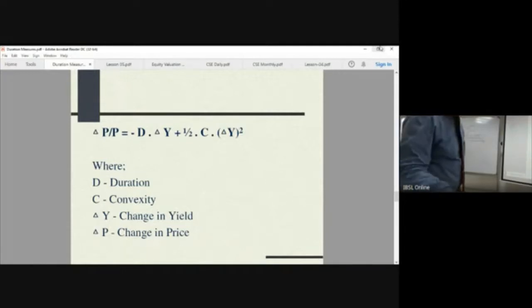Now, if I put the calculation in black and white, it comes like this. Delta y is 0.03. P is 94.213. Plus, now this is a minus one. Half into 7.57 into 0.03 squared into 94.213.